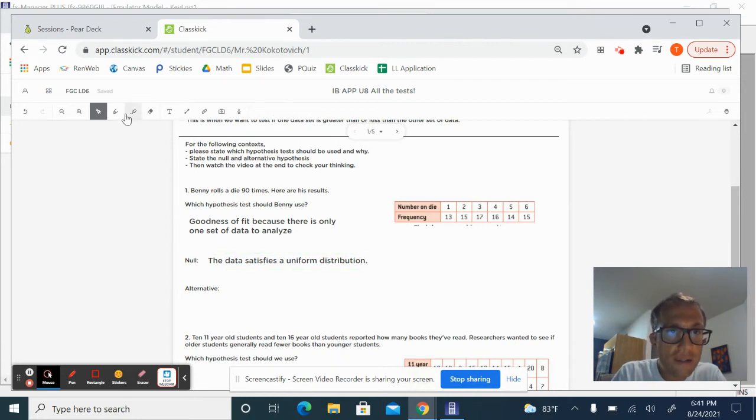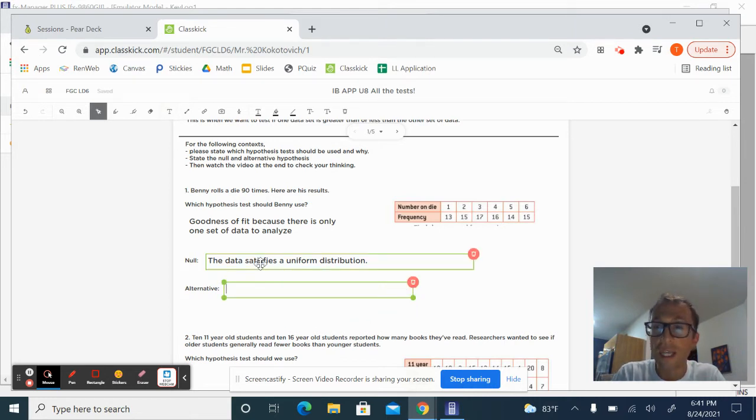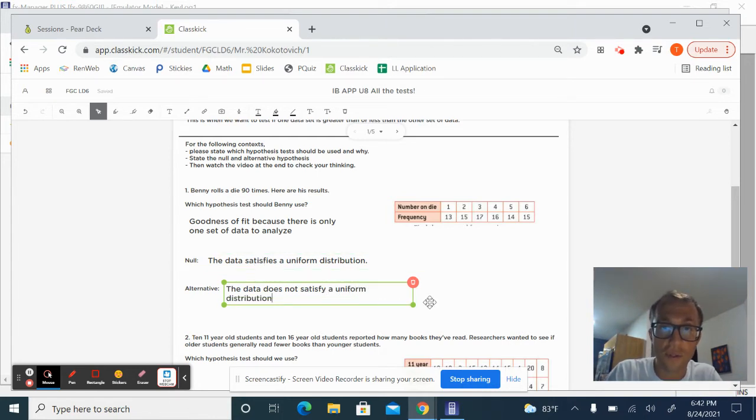Our alternative hypothesis right here, folks, that would be if the die had something wrong with it, that it was an unfair die. I will write down my alternative right here by saying it does not satisfy a uniform distribution. The data does not satisfy a uniform distribution. Something's iffy with that die if that alternative is true.